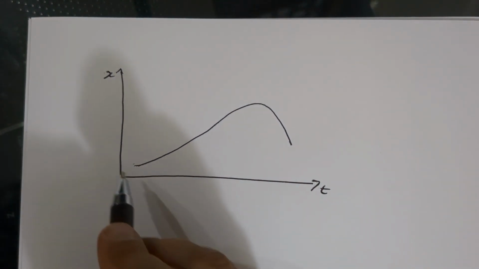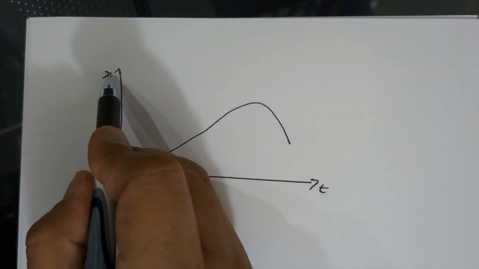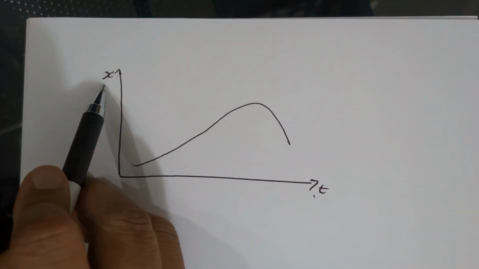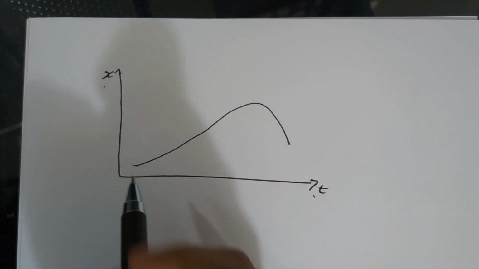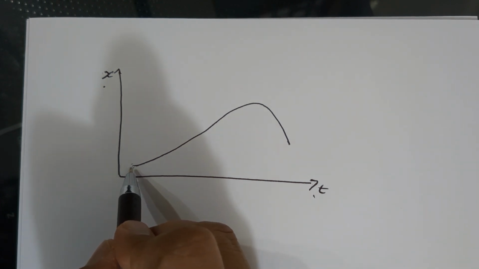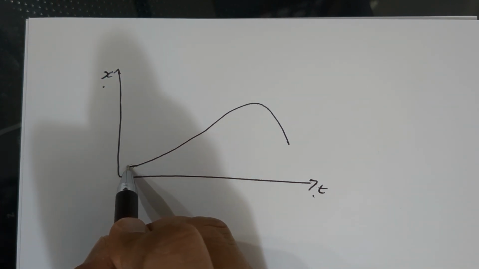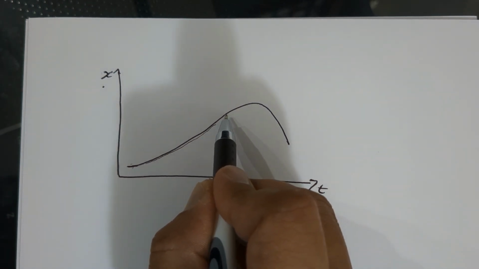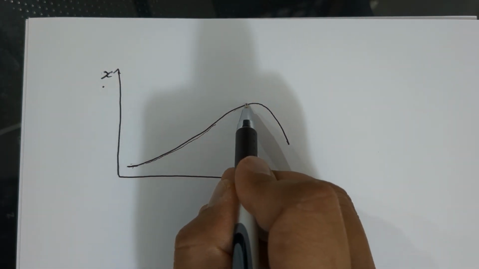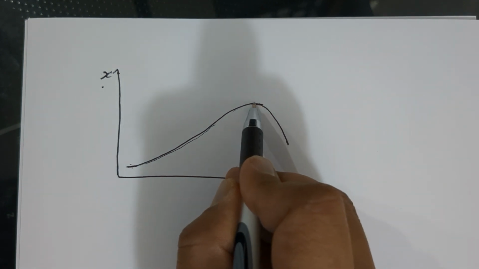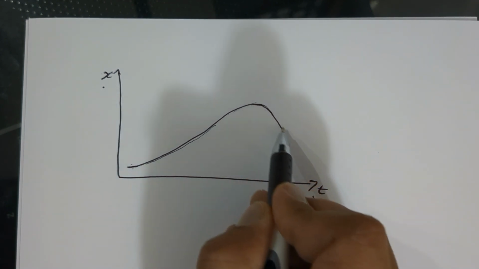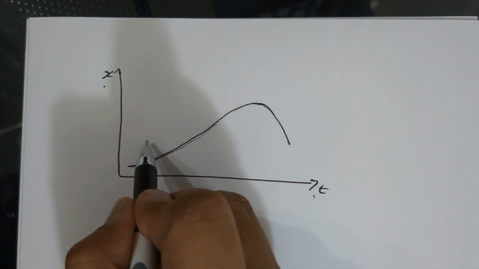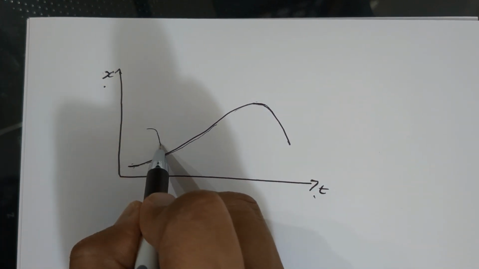Now remember, this is time versus the distance. So first think about this. If I'm going up, this curve is going up, what does it tell me? And then it kind of tapers here, kind of stops, and then it comes down here. What does it mean? Can anybody guess what's going on here?